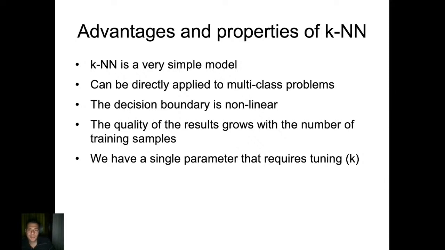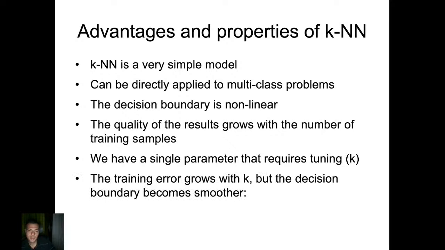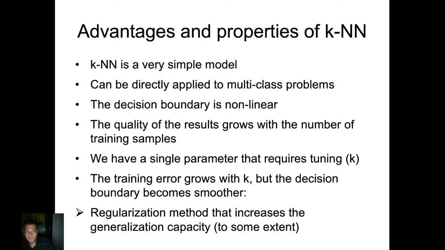And mainly you have a single parameter to tune, the number of neighbors, and of course you also have to choose the right distance function for you. Okay, so k can be used as a regularization method, so this is a property of KNN.